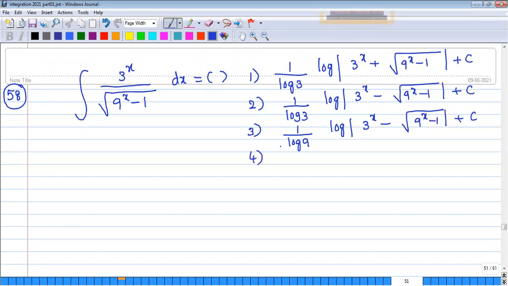And fourth one, 1 upon log 9 times log of mod 9 power x plus root of 9 power x minus 1 plus c.